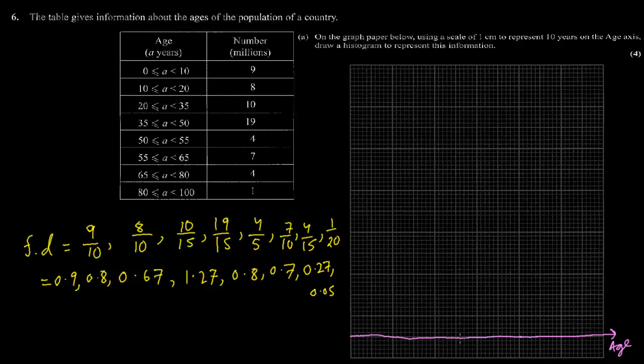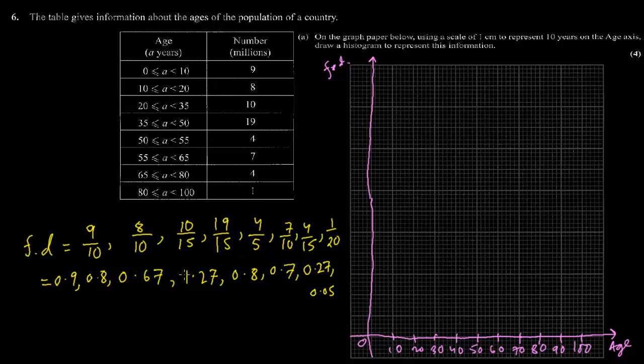So that means 1, 2, 3, 4, 5, 6, 7, 8, 9, 10. So we have enough. So if we give the y-axis, use a scale. Obviously, I'm not using a scale. So this is frequency density. So the frequency density label will always be frequency density. So let's put the label. So this is 0, this is 10.